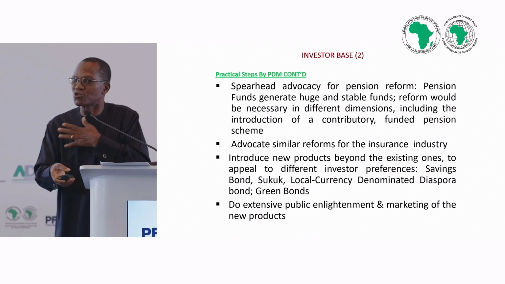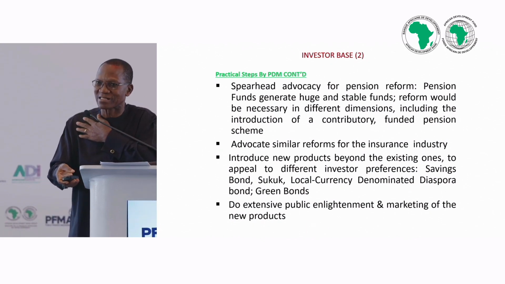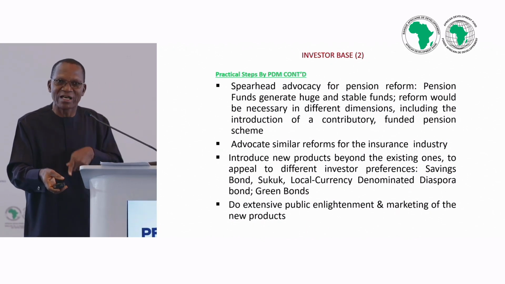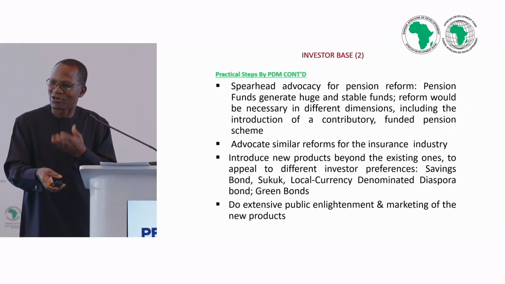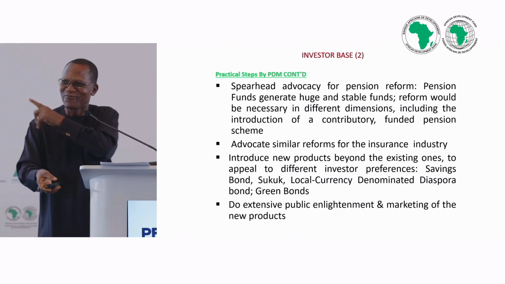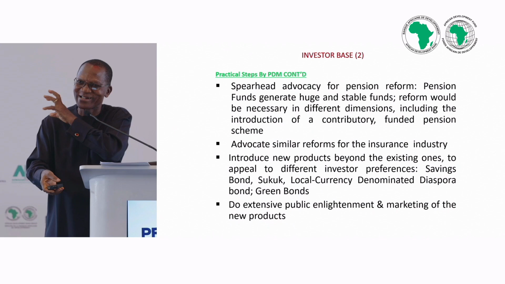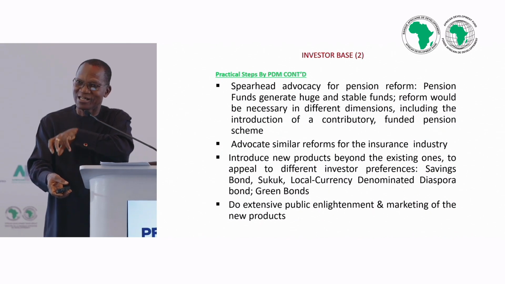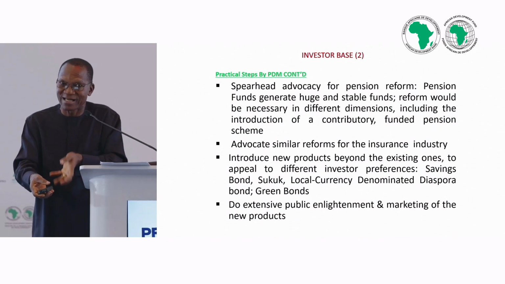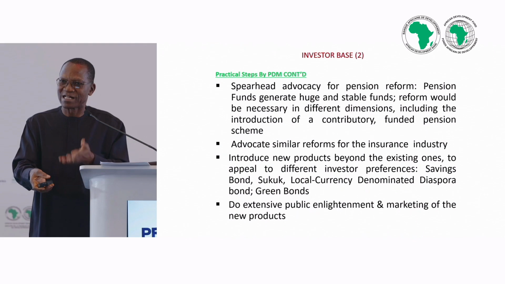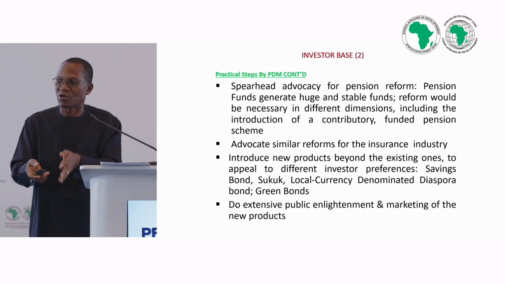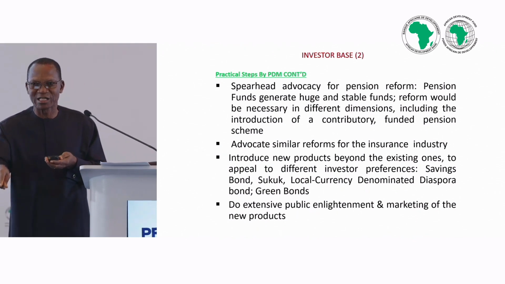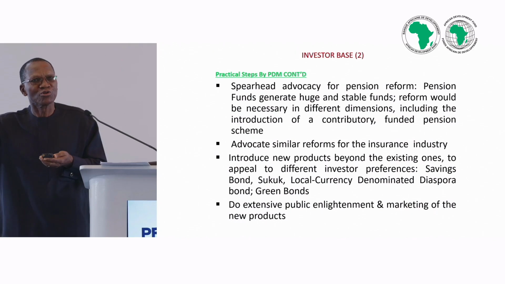You want to appeal to your citizens overseas, but you want them to invest in the local currency. Of course, you have a double advantage, because when they invest in your local currency, they will bring their foreign, hard currency. It passes through your system, so it boosts your reserve. It boosts the supply of foreign or hard currency in your economy. But now it's converted to Naira, the local currency, because they are investing in a local currency bond. So you issue a diaspora bond.